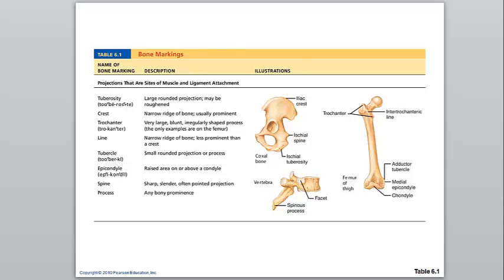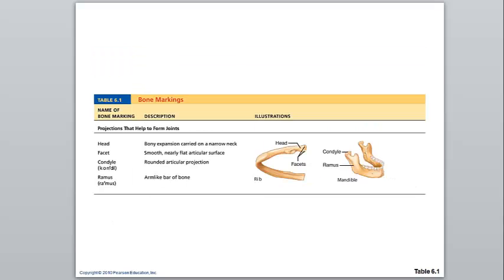That'll be your tuberosity, crest, trochanter, line, tubercle, epicondyle, spine, and processes. Names you have to remember as well as the definitions for those names. Projections that help to form joints will be your head, facet, condyle, and ramus.